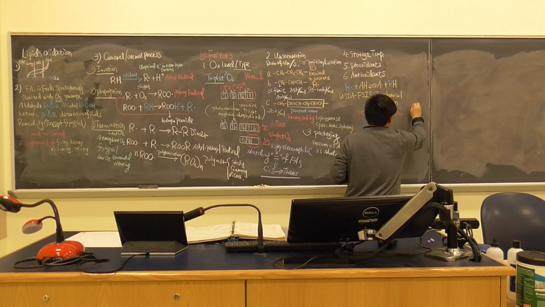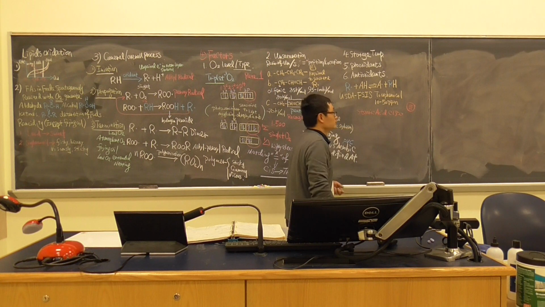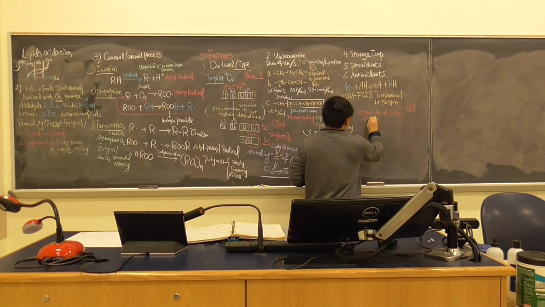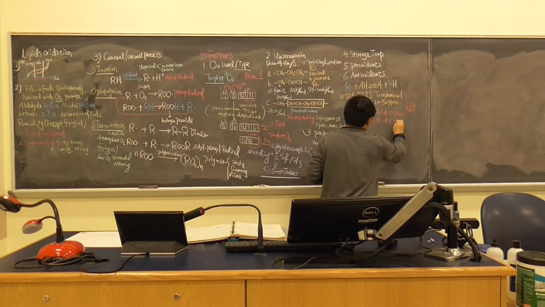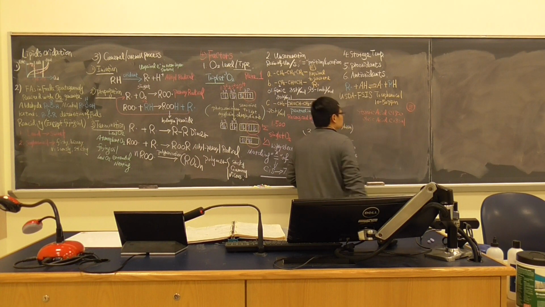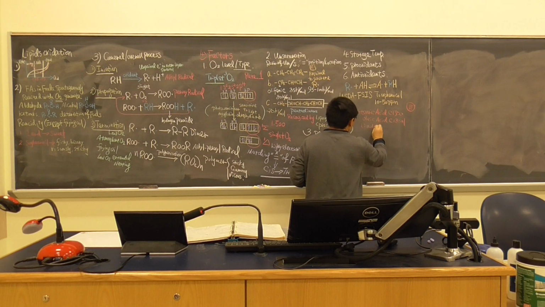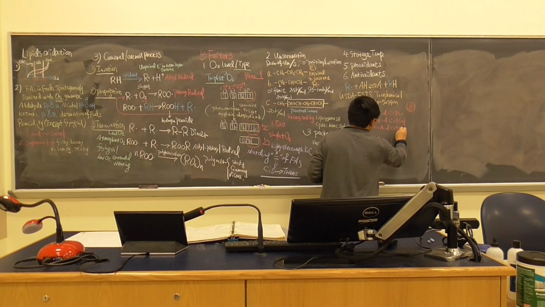Let's say the energy required, we're using EE. Oleic acid is C18:1. And linoleic acid is C18:2.